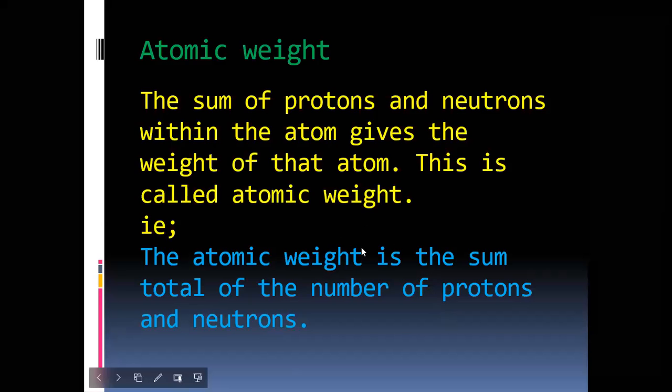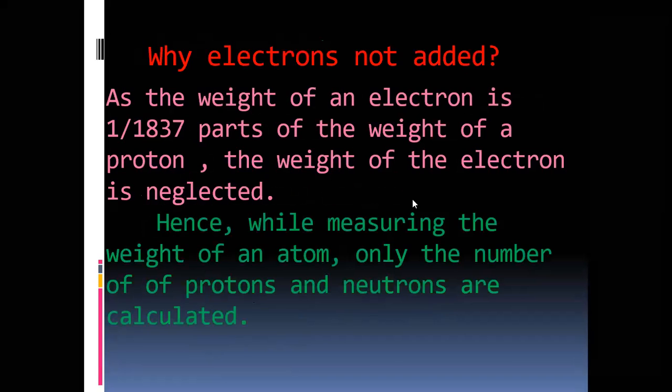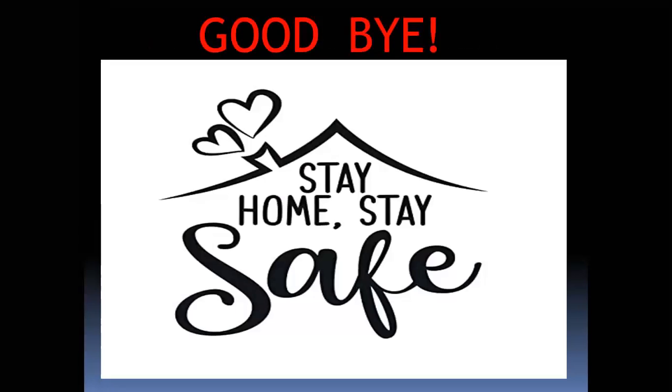In the sum total of the number of protons and neutrons, electron is not added. Why? Because its mass is very negligible, 0.0005 AMU, very negligible compared to 1 AMU. Therefore, in atomic mass, electron is not added. Proton and neutron are added.